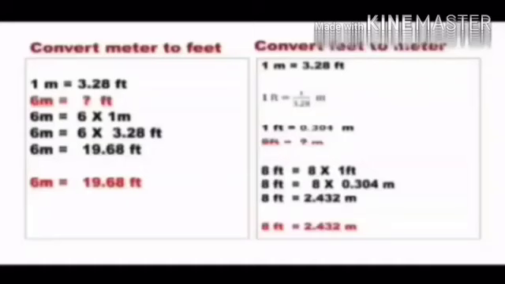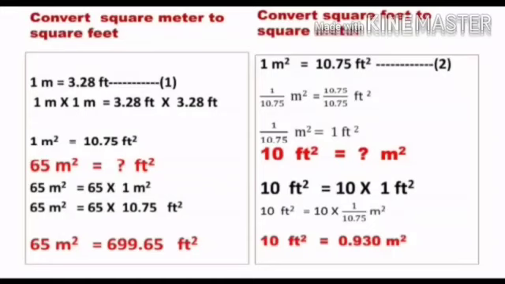Let us have a look at how to convert square feet to square meter. First we do square meter to square feet. The basic relation is 1 meter equals 3.28 feet. To find square meter, we have to do meter times meter. Then on the right side also we have to multiply feet 2 times.